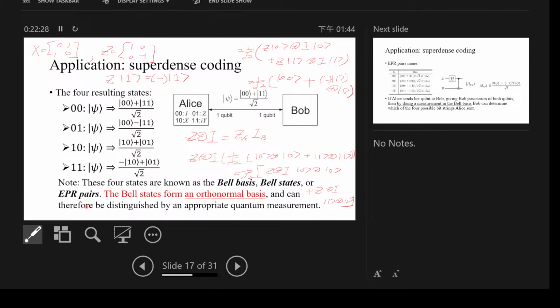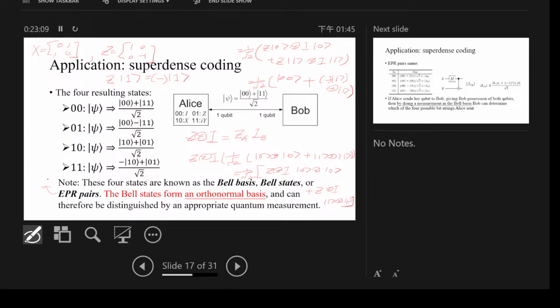The name EPR pair is a bit more confusing. Sometimes when people say EPR pair, they mean all 4 states, but sometimes they mean this 0 state in particular, or sometimes this 1, 1 state in particular. The name EPR pair has a historical background.